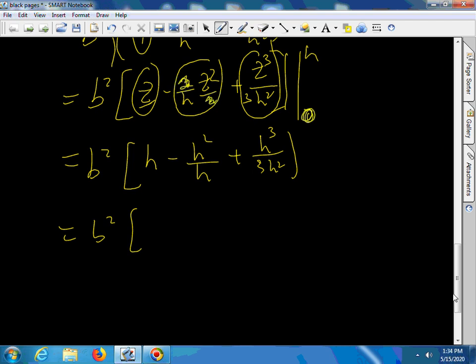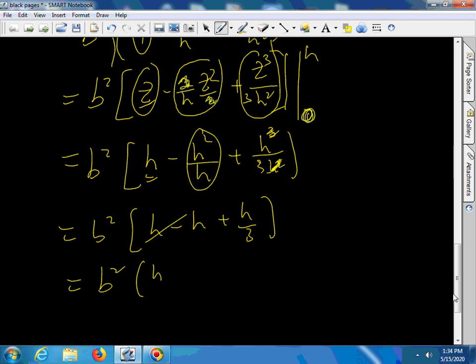b squared, this is h minus h, so that cancels out, plus, 2 h's I kill on top, 2 h's I kill on the bottom. I get h over 3, and my answer is b squared times h over 3, which is b squared h over 3. b was the base.